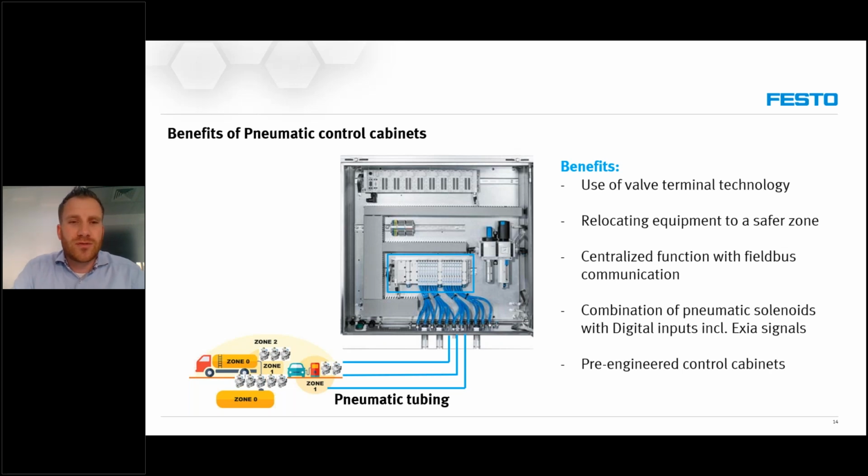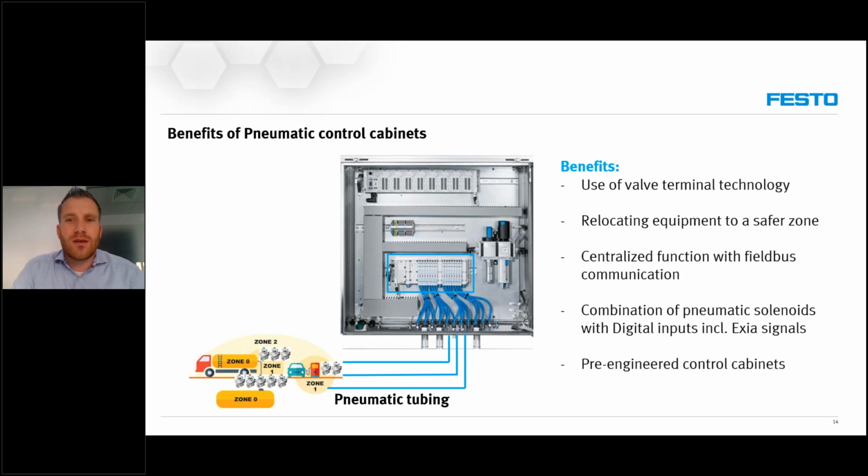And because these valves are a dense application and they are well positioned in the cabinet, we do not need to replicate all the design and all the equipment for the NAMUR solenoid valves which are directly mounted on the process actuators. The other part is relocating equipment to a safer zone.